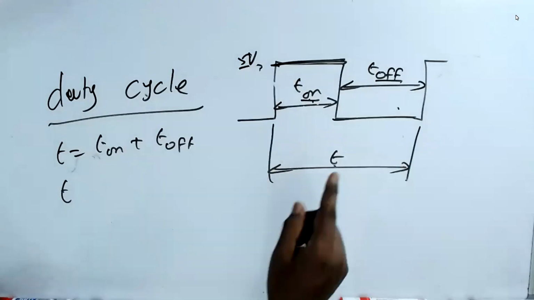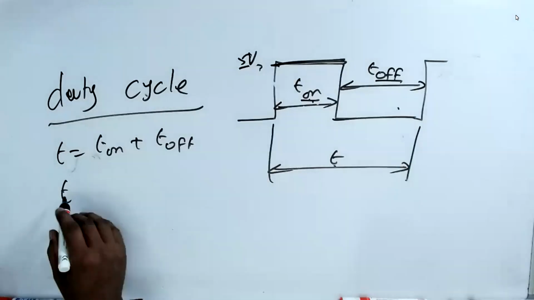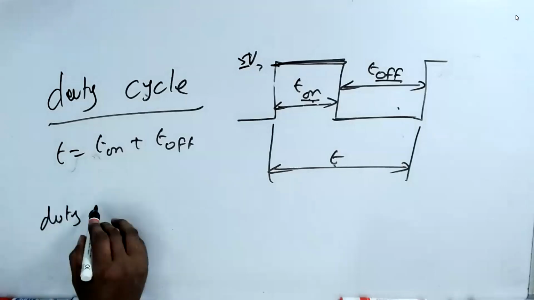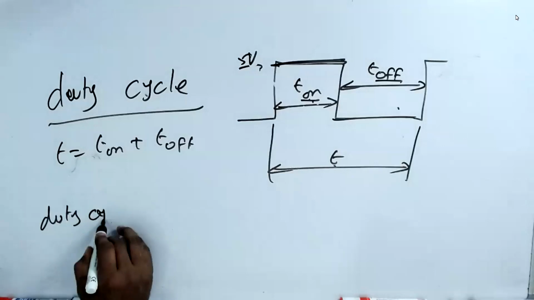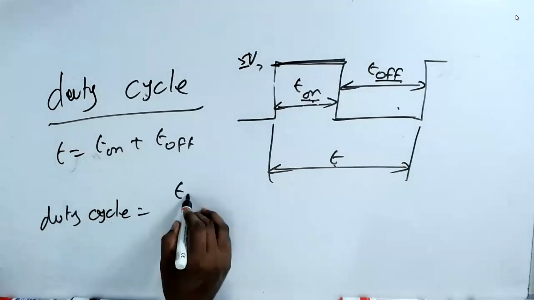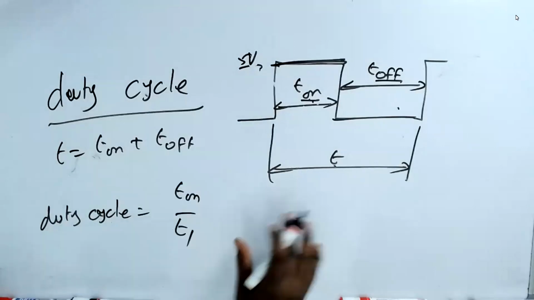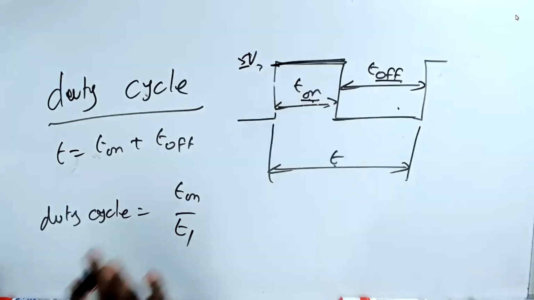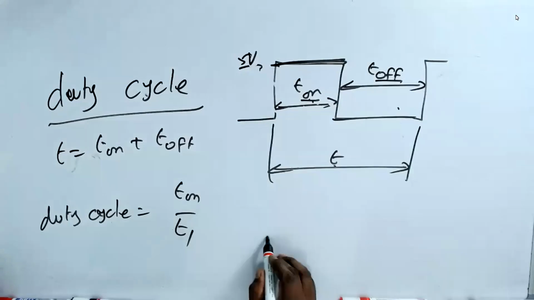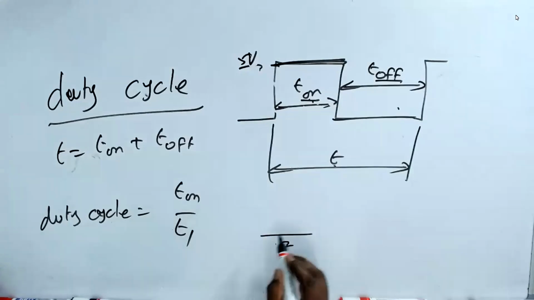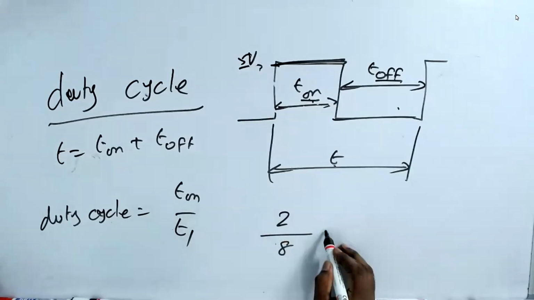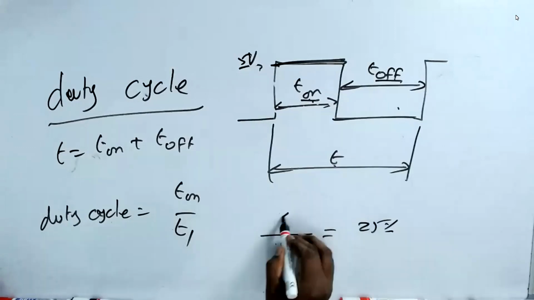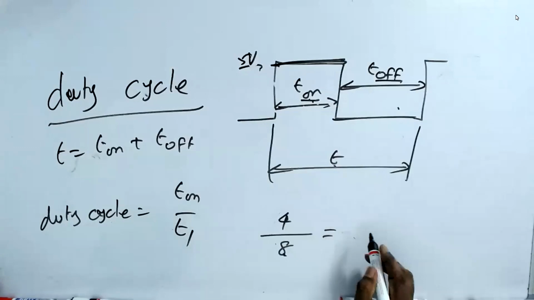So duty cycle is T on by T. Out of the total time, it is going to perform the duty only during this time. For example, in the office, you have 8 hours. You work only for 2 hours. Then your duty cycle is 25%. If you work for 4 hours, then 4 by 8 is 0.5, equal to 50%.